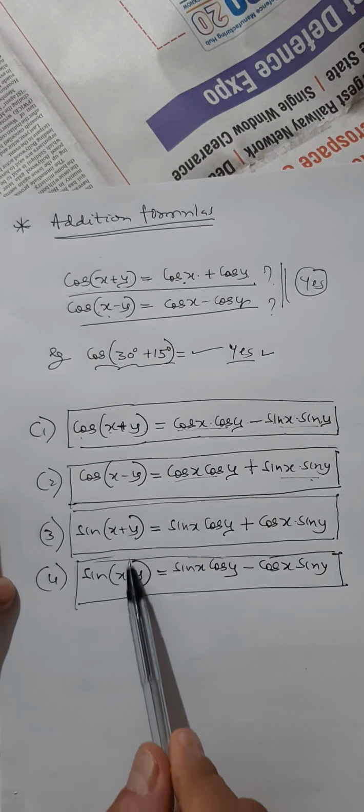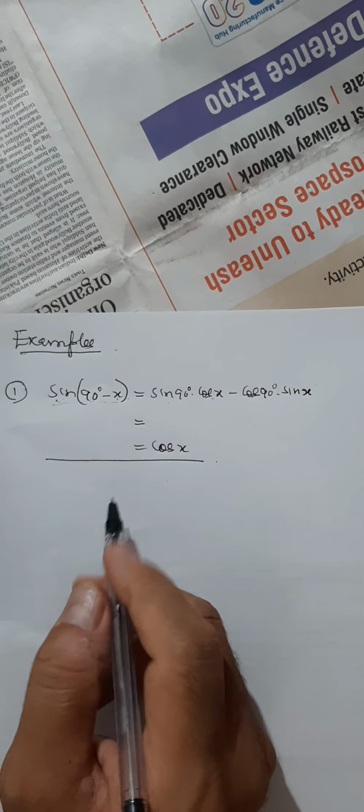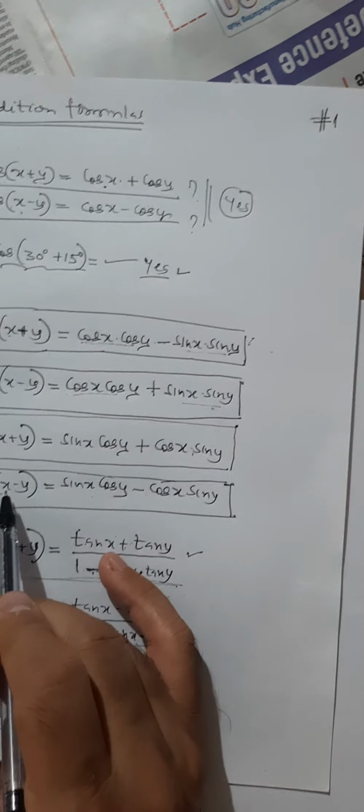I'll use the addition formula for sin(x − y): sin x into cos y minus cos x into sin y, where y is x here, remember. I've used this sin(x − y) formula.